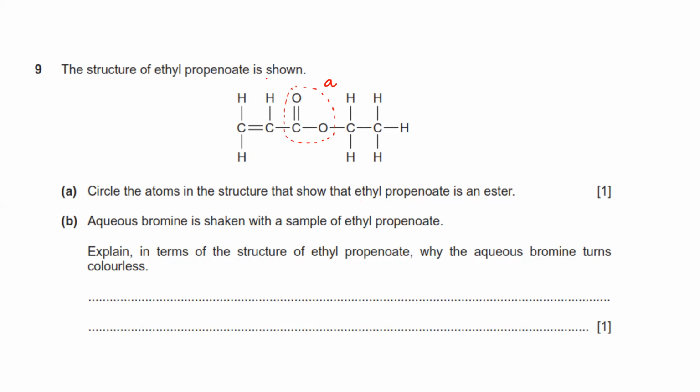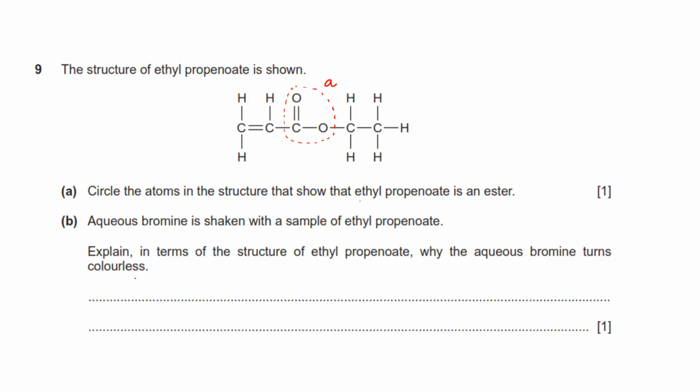So remember, this carbon-carbon double bond is there, and aqueous bromine reacts with carbon-carbon double bonds, and eventually it turns colorless because it forms a colorless product.